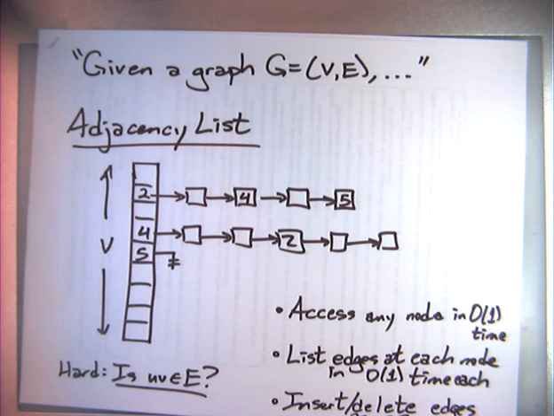The other reason why it looks like this is because it's always looked like this. The reason why it looks like this in 225 is because this is the way it looks in CLRS, the big honkin' algorithms book from MIT.